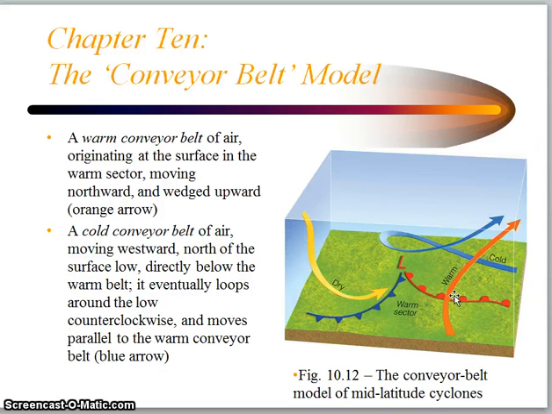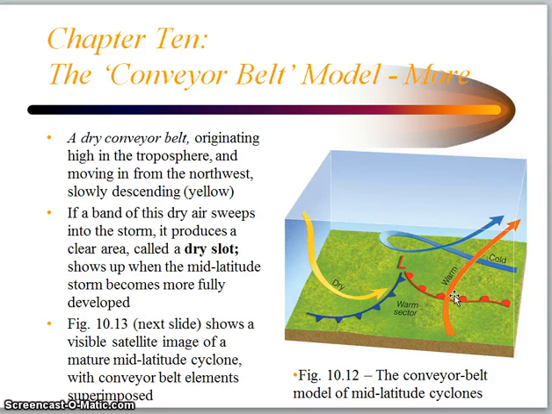And then as things progress, you have the yellow arrow, which is a drier conveyor belt of air coming in from the west or the northwest, originating high up in the upper atmosphere and high in the troposphere, and then descends rapidly down toward the surface. So the orange is the warm, moist air coming northward. The blue arrow is the cold air traveling westward and then back eastward again.